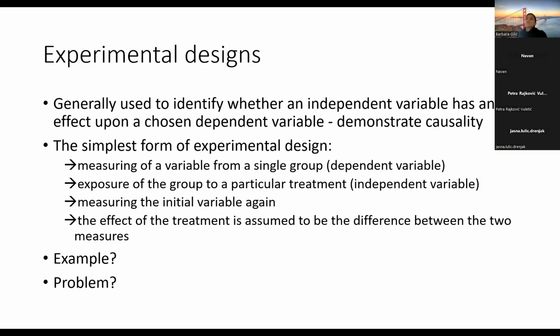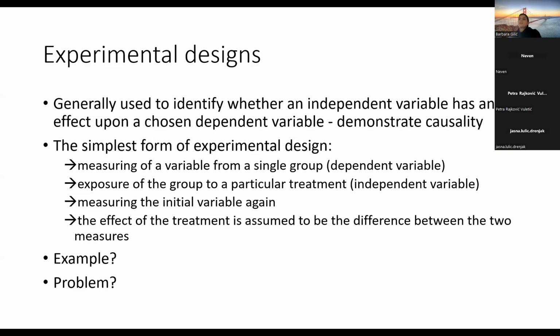The simplest form of those designs is measuring a variable from a single group, so that's the dependent variable, exposing the group to a particular treatment, the independent variable, and measuring that initial variable again.